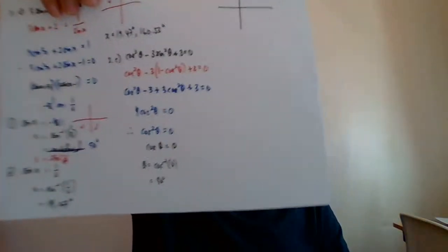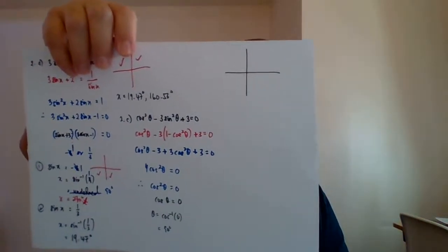Okay, so for this one, theta equals to cos inverse 0. So how much is the answer? Cos inverse 0. So jawapannya 90 degree. Okay guys, so we sketch the Cartesian plane.